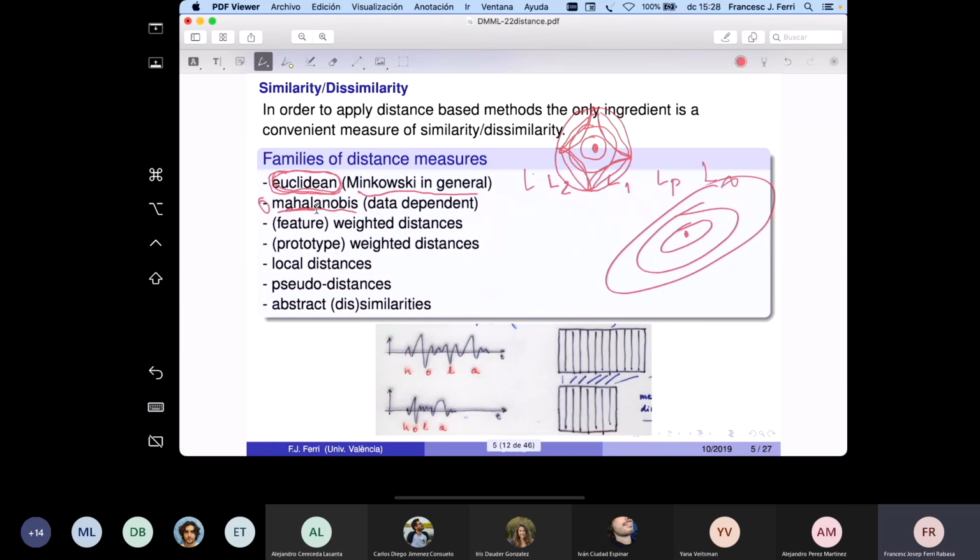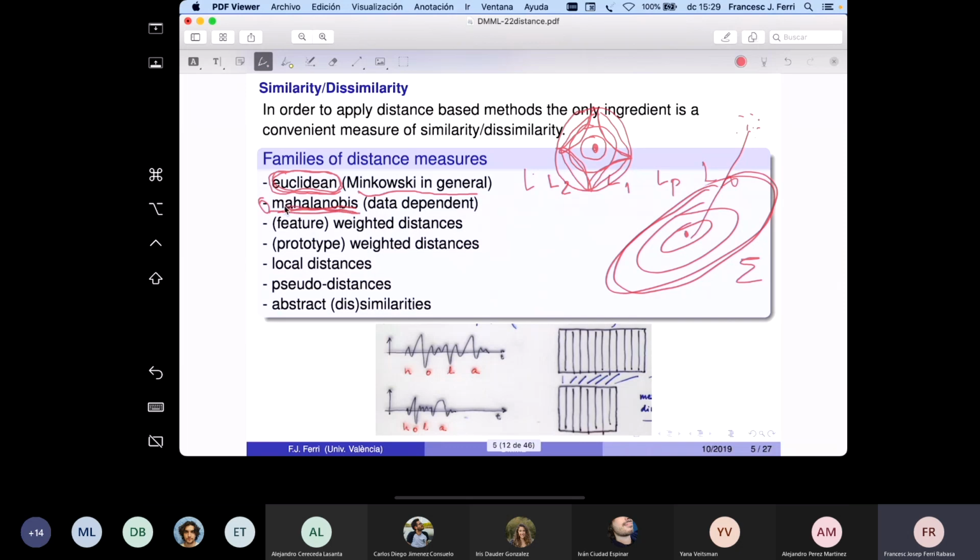When we say Mahalanobis distance, strictly speaking, we are talking about distance from any point to the mean of a Gaussian distribution. And then the shape of this distance depends on the covariance matrix of this distribution.